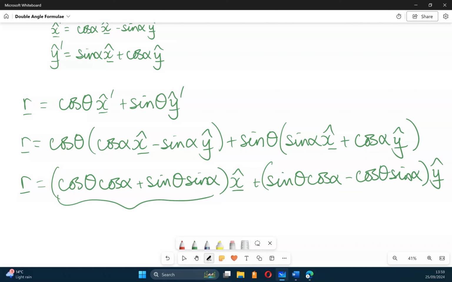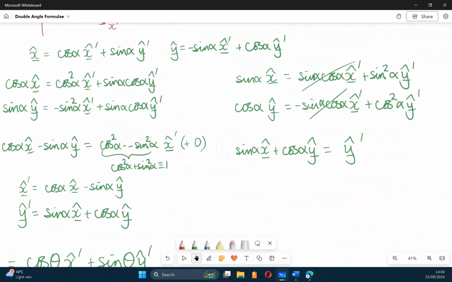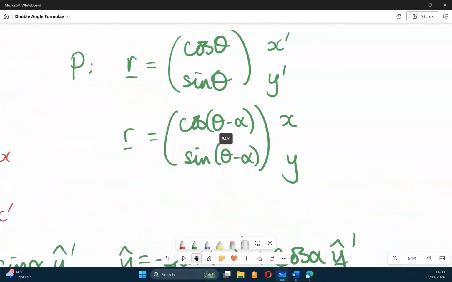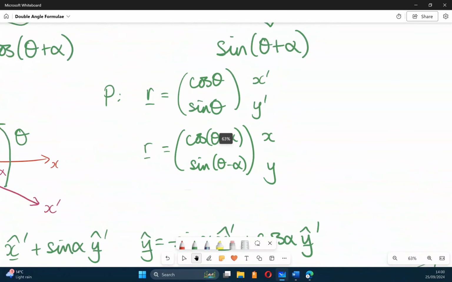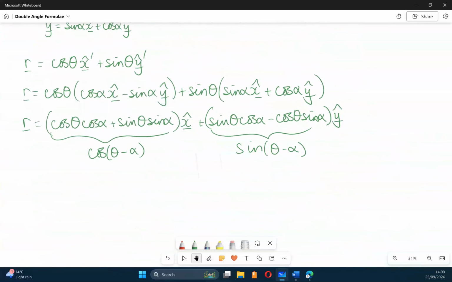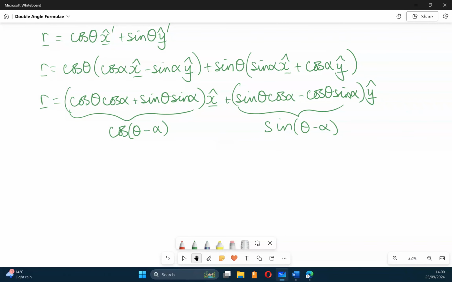So this must be cosine of theta minus alpha, and this must be sine of theta minus alpha, because we've written our vector r in terms of x hat and y hat. So we could match this to cosine theta minus alpha and sine of theta minus alpha. And so we found an identity for the theta minus alpha term.